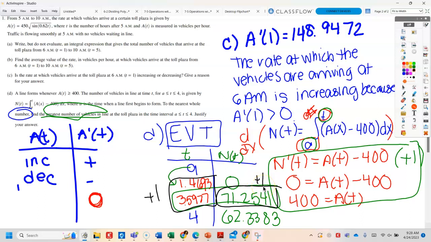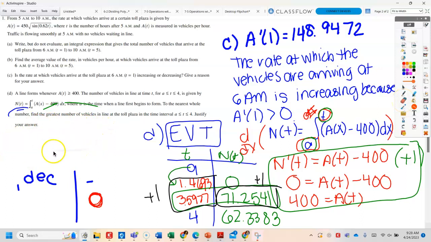So it says find the greatest number of vehicles on the plaza. Make sure your answer is a whole number. So the final thing you would say is that the greatest number of vehicles in line is 71.